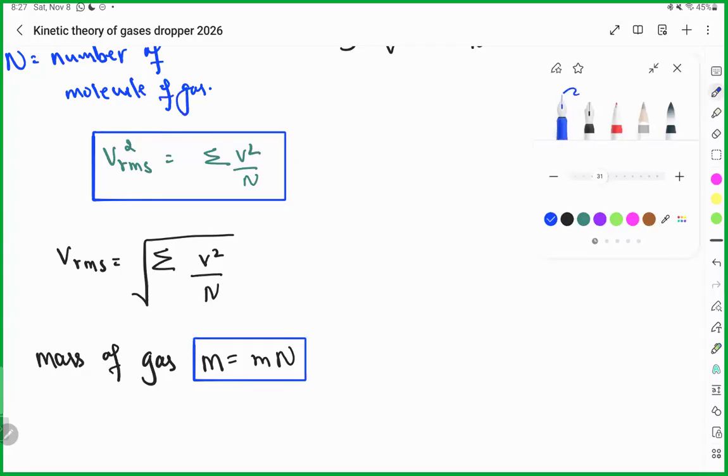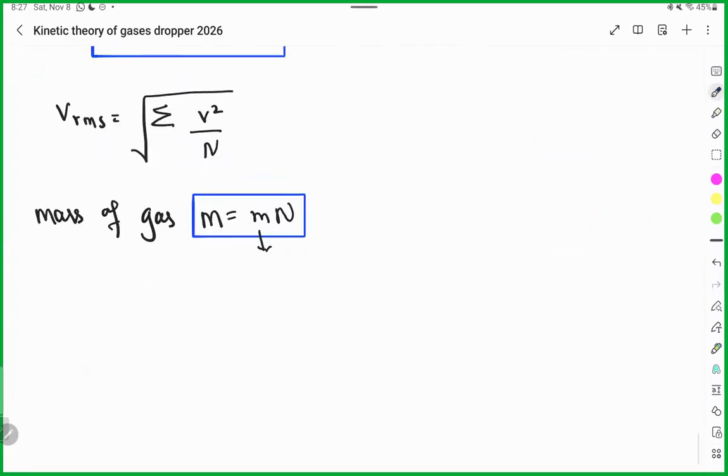Same here. Small m is the mass of one gas molecule, and n is the number of molecules. If you multiply both of them, what will you get? Total mass of the gas. Make sense?